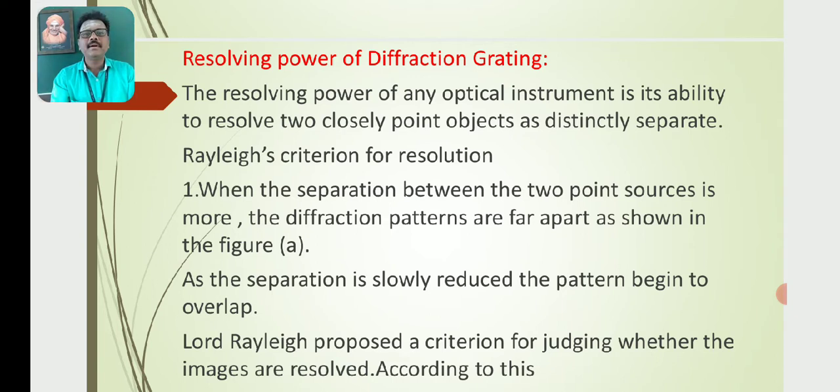In the previous class we discussed what a grating is, how a grating can be manufactured, the different types of grating, and how the spectra are obtained in the diffraction grating.